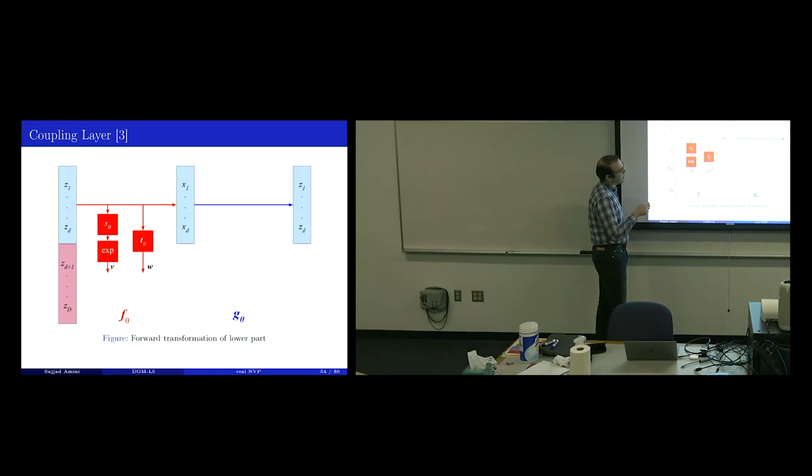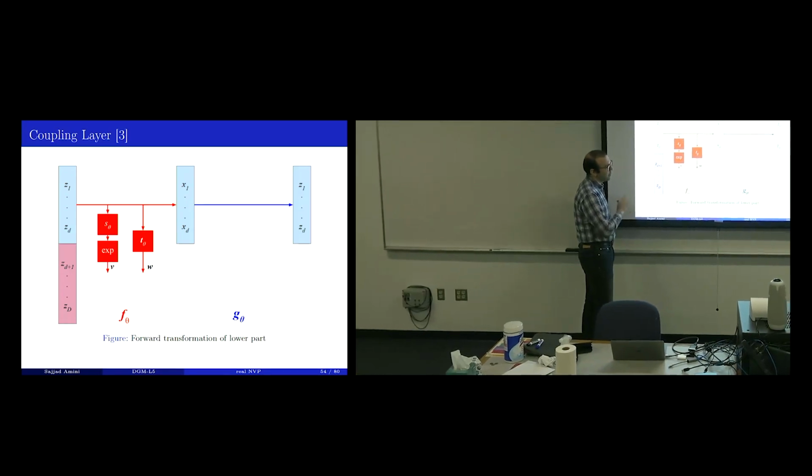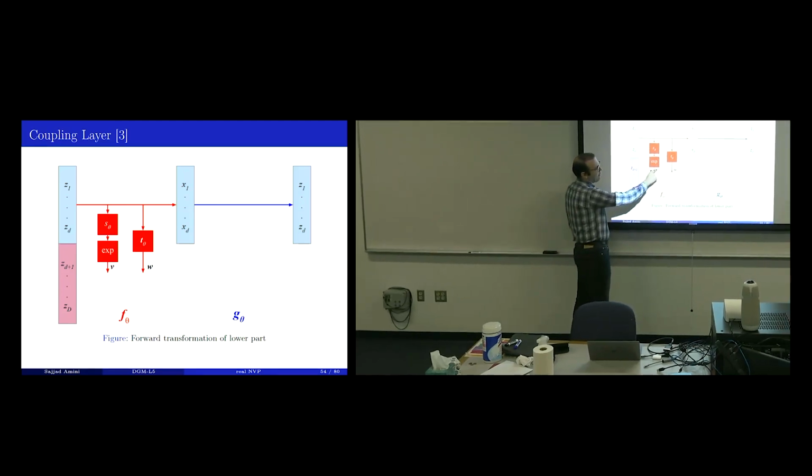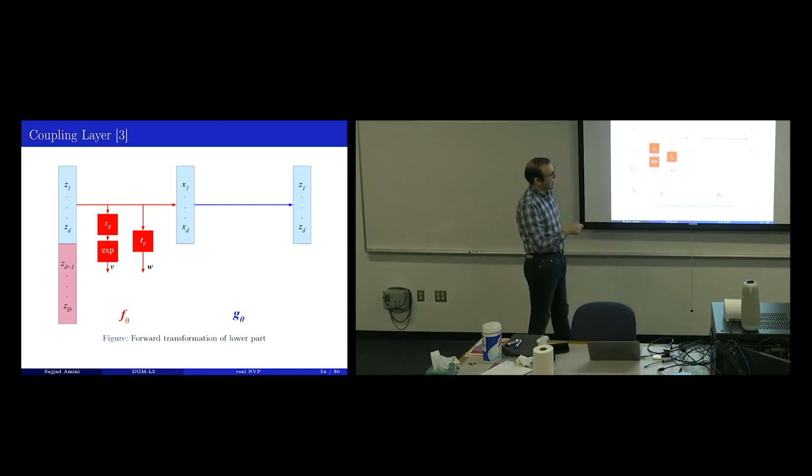so it is a parameterized transformation, and it is arbitrary. It can be any transformation, there is no limitation. Then the output is passed through an exponential function. This is again an element-wise exponential. And then you have a vector v here. This vector is exactly the same dimension as your second part.